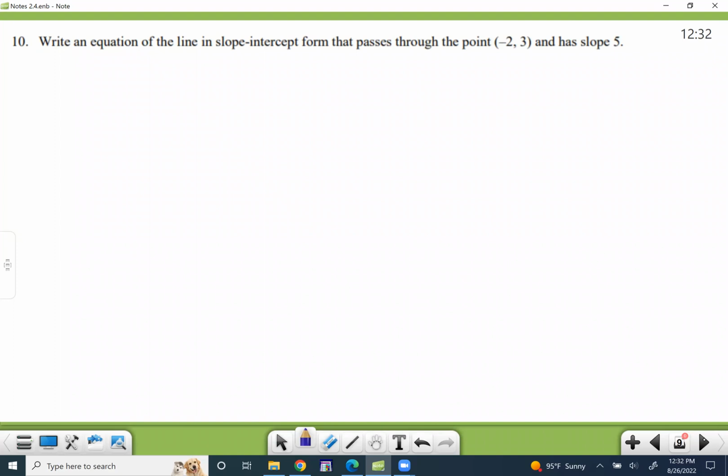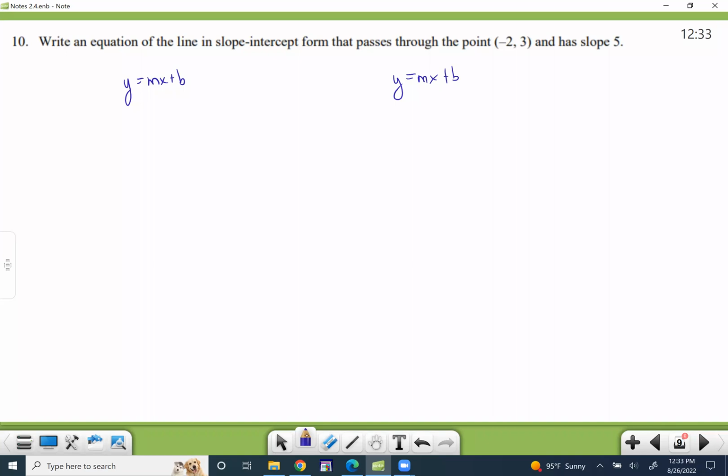Write the equation of the line in slope intercept form that passes through the point -2, 3 and has slope 5. So we're going to use this y equals mx plus b twice. So I'm going to go ahead and write them down twice.